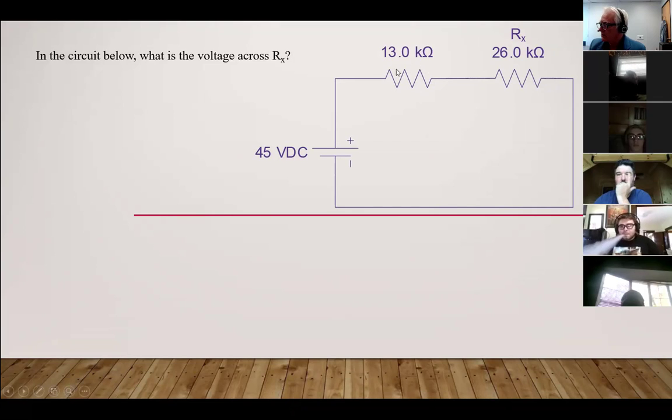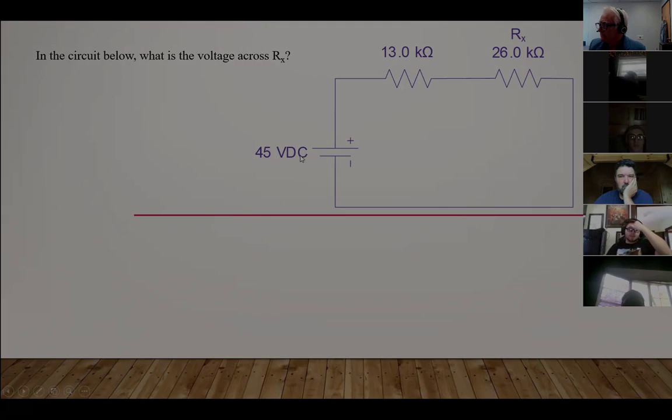When you divide it out proportionally, RX will get 30 volts compared to the 15 that would be left for the 13,000 ohm resistor. What I did is I did 45 times 26 divided by 39 and got 30.